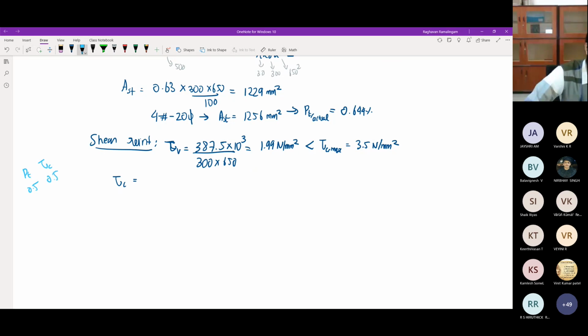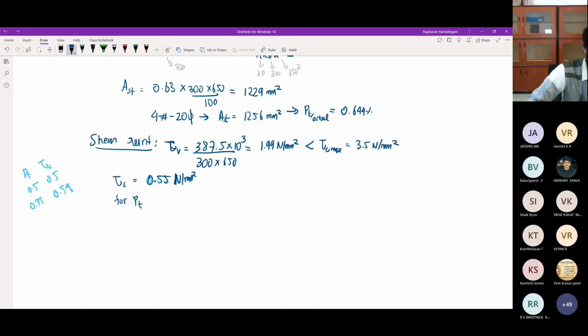And for pt 0.75, I get tau c equals 0.59. Our pt is 0.644, which is not exactly half, it's a little more than half. So I'll say that my tau c will be close to 0.56, something close to 0.55 Newton per mm square.